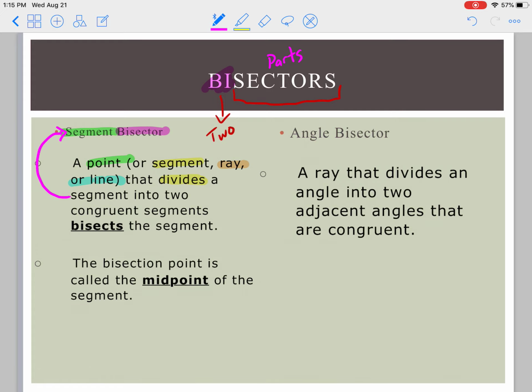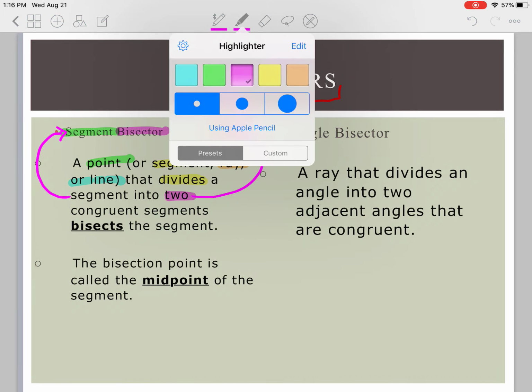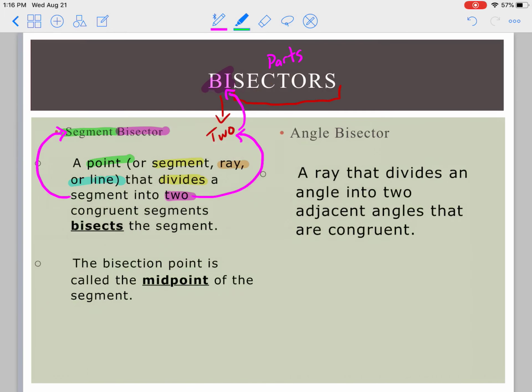And we're going to divide a segment into 2. And why 2? Well, here we go. 2 refers to bi in bisector, okay? So 2. Lastly, another vocabulary word, which we have to be extremely familiar with, congruent. Congruent meaning same segments.